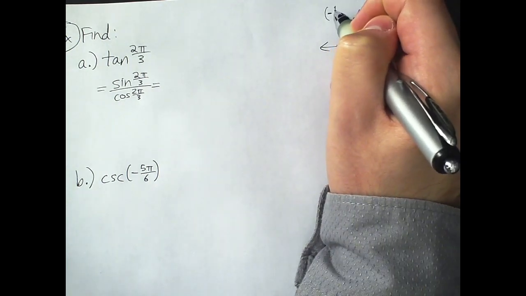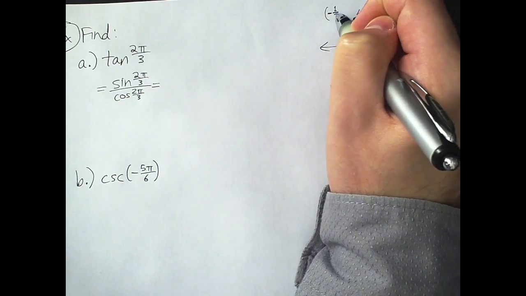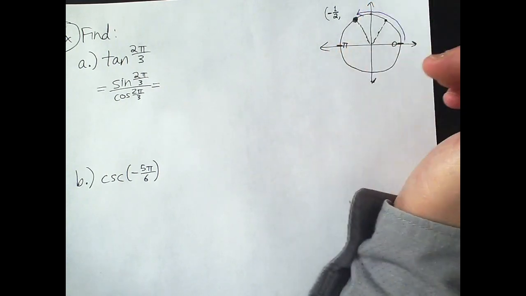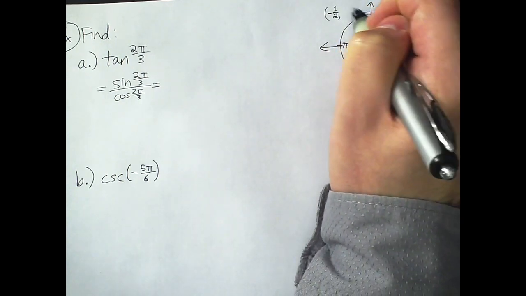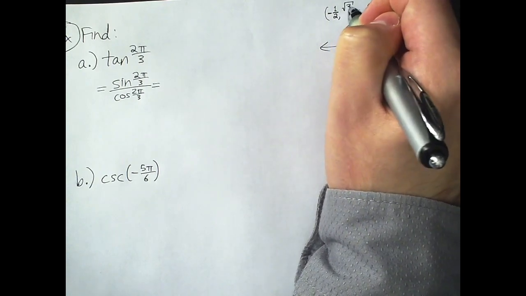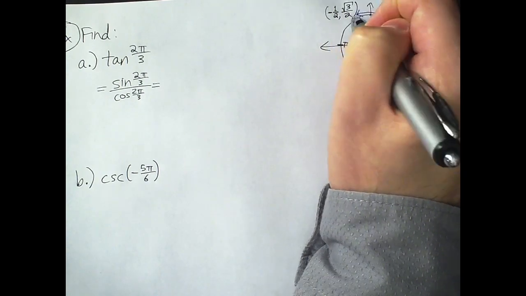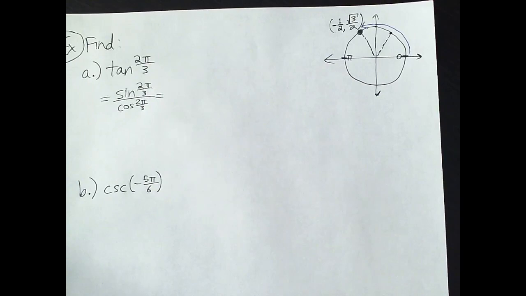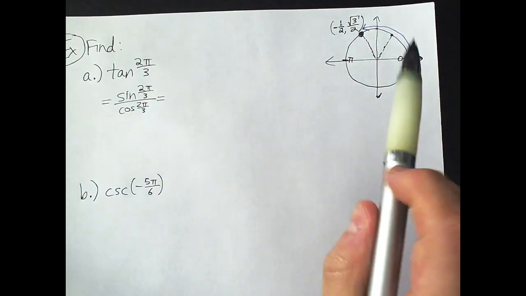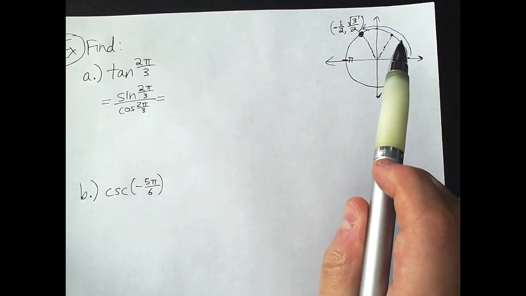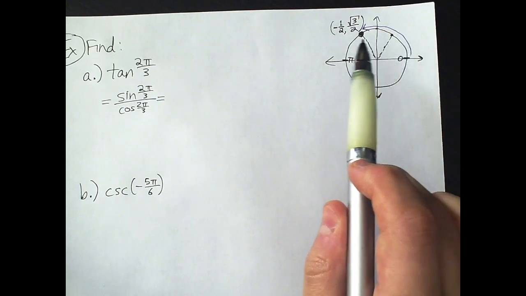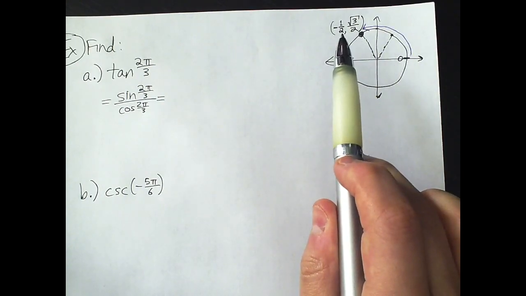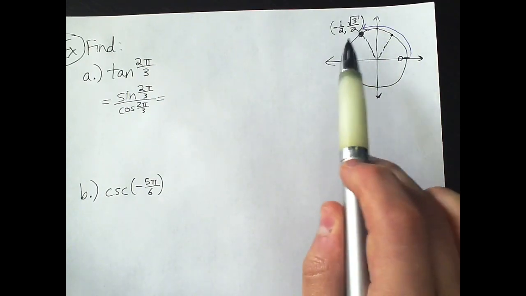But if you can tell, it's okay to say this is negative 1/2, comma, square root of 3 over 2. It looks like this point that's in quadrant 1, except I know that the x-coordinate has to be negative because we're in quadrant 2.